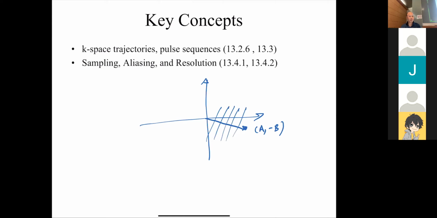I think a lot of people picked either A, minus B or minus A, B, and those would have the same pattern. But the pattern you were actually looking for is one like that.